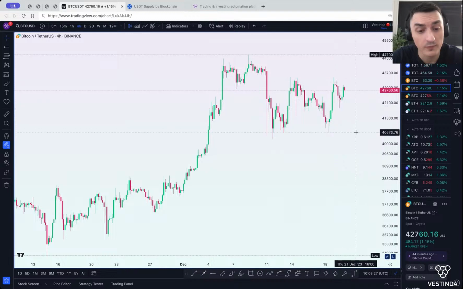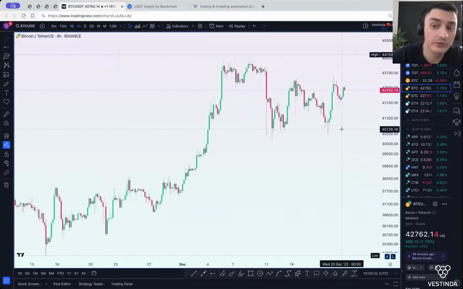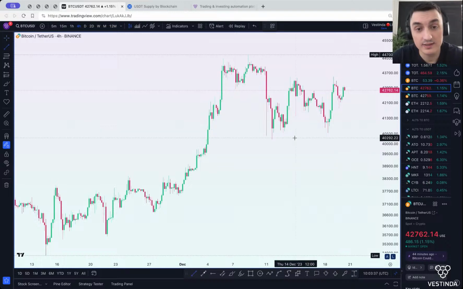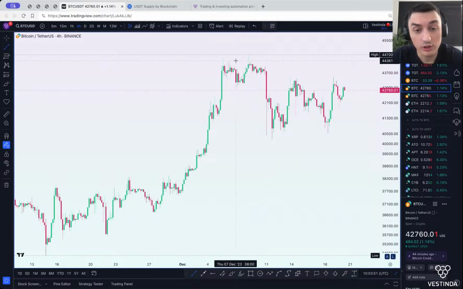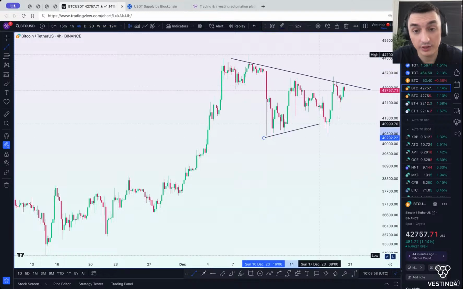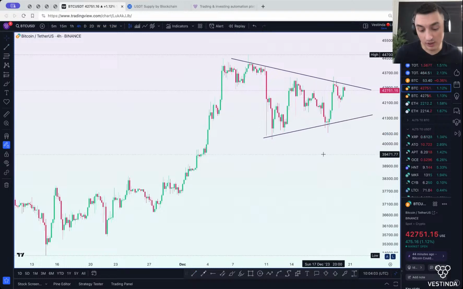Currently we are sitting around $42,700, and the price is starting to paint some price action which we can use for our purposes. We can see that price action is currently forming a pretty big triangle here. So the chart is looking pretty good.